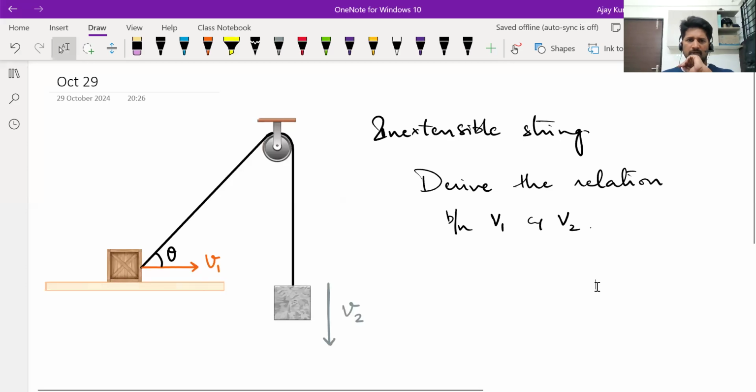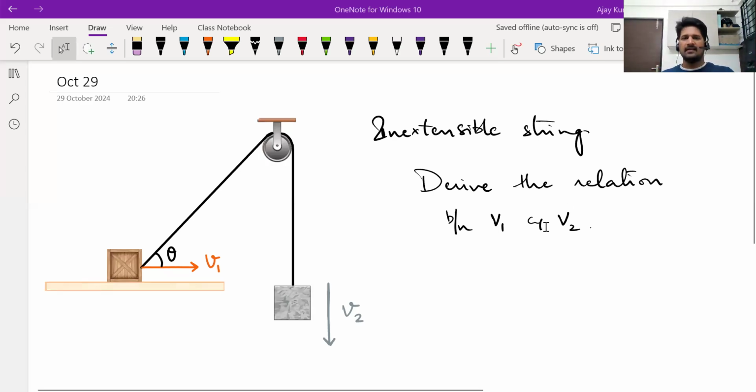Try this, all of you. I'll give you 2 minutes. At least tell me an idea. Any idea, anyone? How can we relate these two velocities?